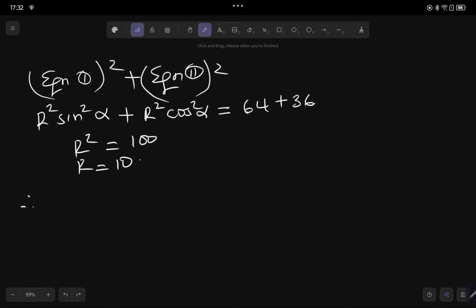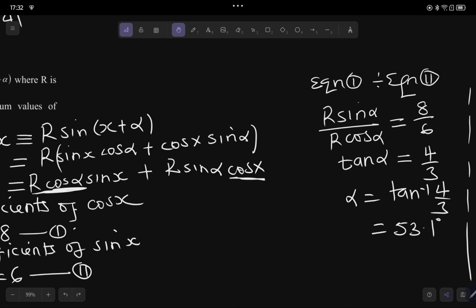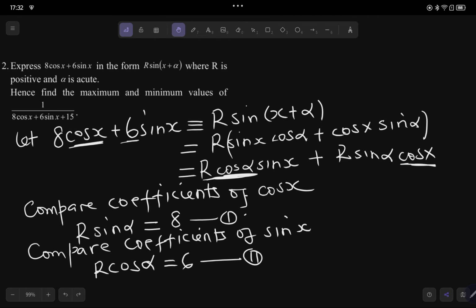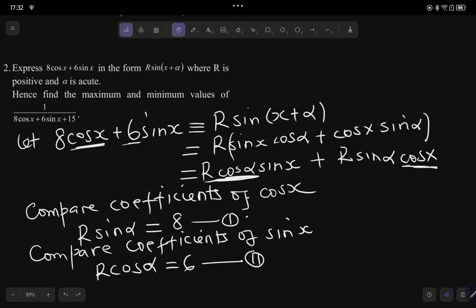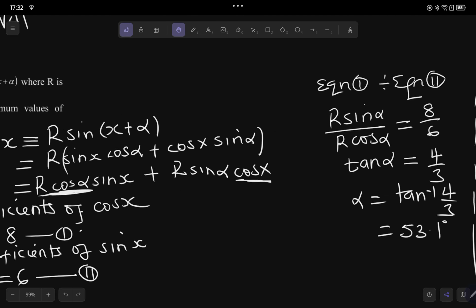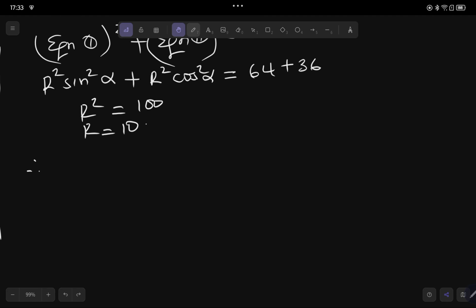Therefore, what we had can now be reduced to something very small. Now 8 cos x plus 6 sin x is equal to 10 sin(x plus alpha). So we have now found it, and we are free to use the equal sign.